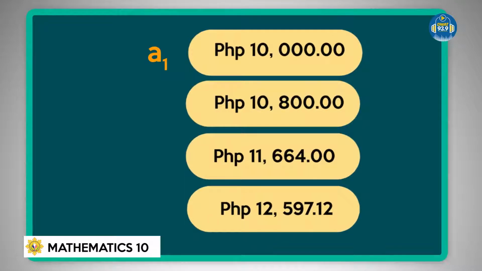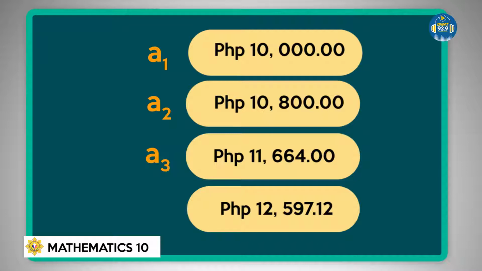The first term, A sub 1, which is the principal amount, is 10,000 pesos. The second term, A sub 2, obtained by multiplying 10,000 pesos by 1.08, is 10,800 pesos.